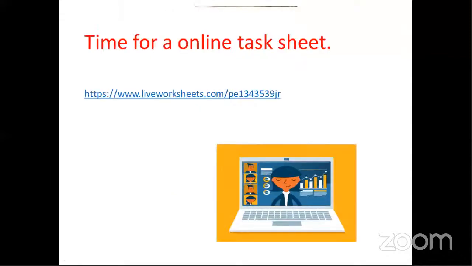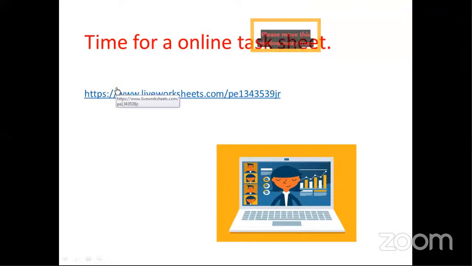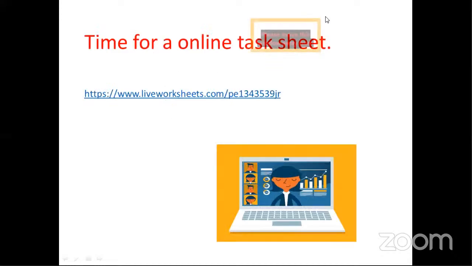Right. Okay, this is an online task. Now we have completed and we have done certain exercises with the present continuous. Right, now we are going to do an online worksheet related to the knowledge that we did so far with the present continuous tense.